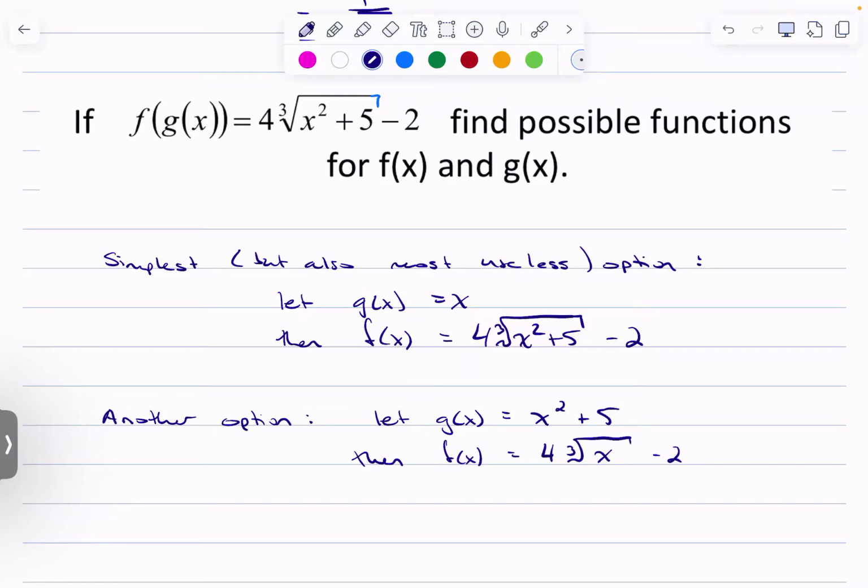So this is a trick that we use in calculus quite a bit, right, where we can kind of rewrite a function as a composition of functions.